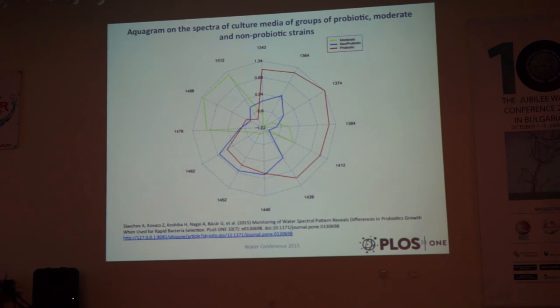And a non-probiotic bacteria is not that bad. It doesn't go the whole side like this, but it doesn't have these free water molecules, which are very active, mostly activating, I would say. And these are the moderate, they have both.